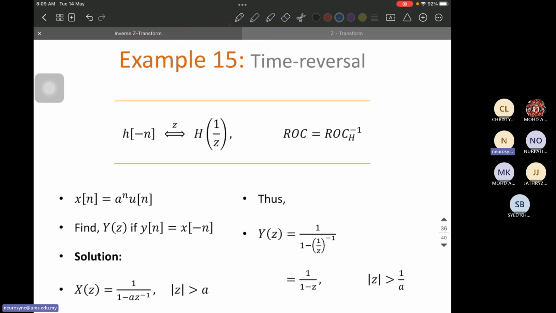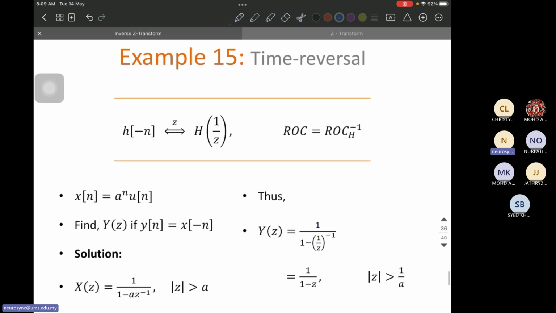Okay, the next property is time reversal. Time reversal is basically: h of minus n has z transform h of z inverse, or h of 1 by z. And the ROC will also be the inverse of whatever ROC we are having for h of z.